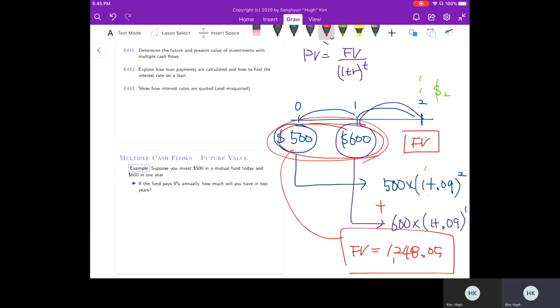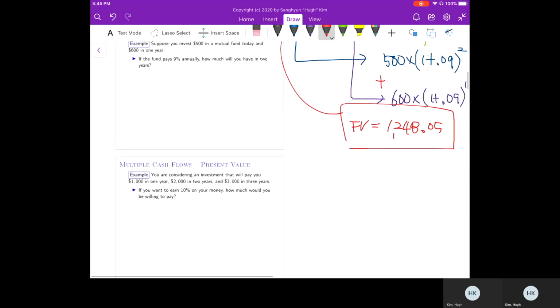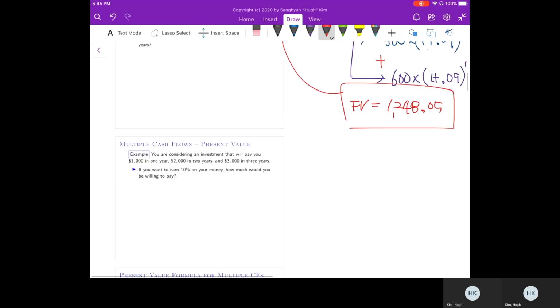How about the present value? So let's look at the next example. You're considering an investment that will pay you $1,000 in 1 year and $2,000 in 2 years and $3,000 in 3 years.